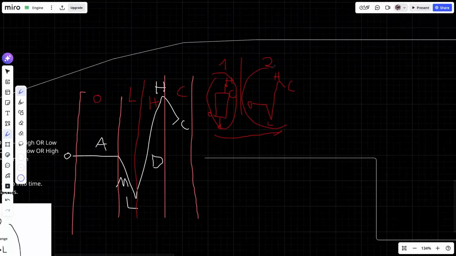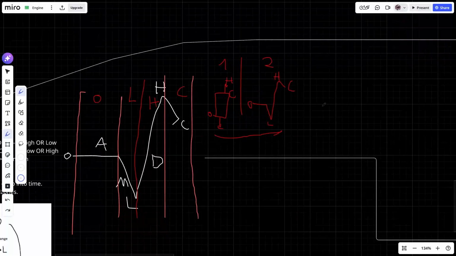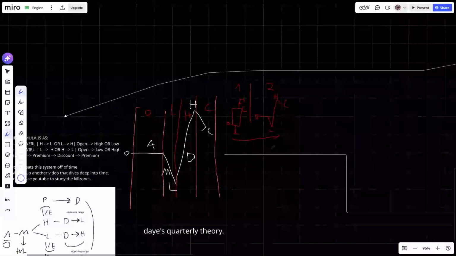This could be the 1 minute chart inside of that hourly candle. You're essentially looking at the same candle, but just on different time frames. That's all that it is. There's nothing else to it.